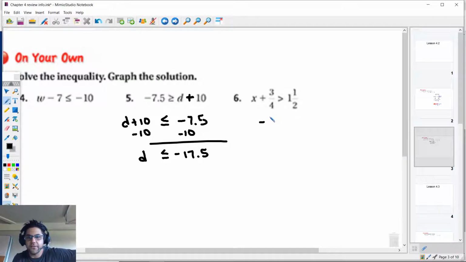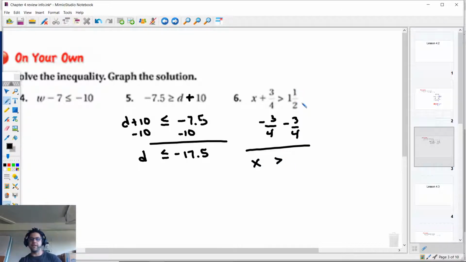I'm going to subtract 3/4 on both sides. So this is going to give me x is greater than, over here, going to have to clean up a little bit. So 1 1/2, remember that's really 3/2. Now I need an LCD.